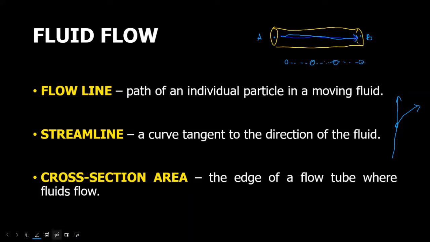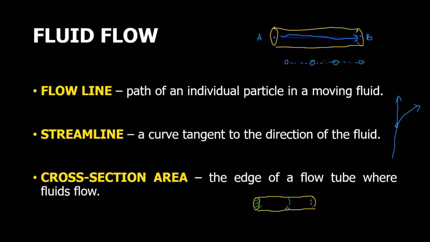And the cross-sectional area is the edge of a flow tube where fluids flow. So recall na natin, since consistent naman ang kanyang radius, this part right here is the cross-sectional area.